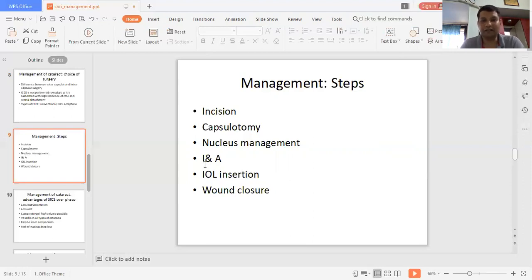That is done by irrigation and aspiration, that is I and A. Once everything is clear, then we insert the intraocular lens, and we ensure wound closure. We may not necessarily put sutures, but we have to see that the wound is secure. So the steps common in all types of cataract surgery are incision, capsulotomy, nucleus management, irrigation and aspiration, then insertion of IOL and wound closure.